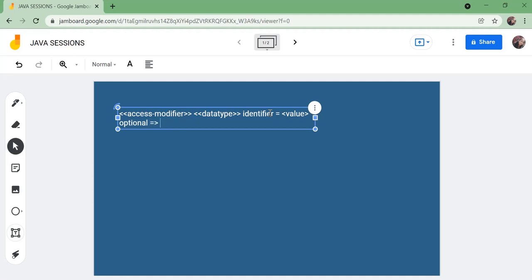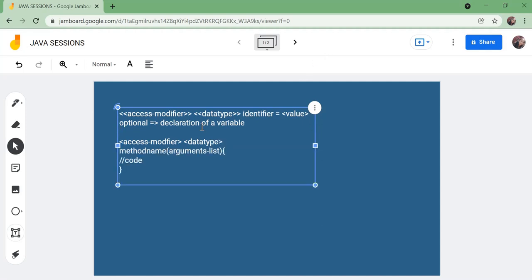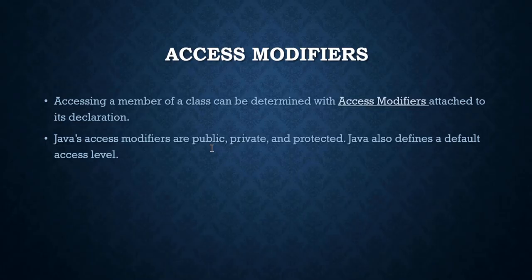Whereas a method can be declared as access modifier, then the data type. So this is where the access modifier is attached to the declarations of variables and methods.